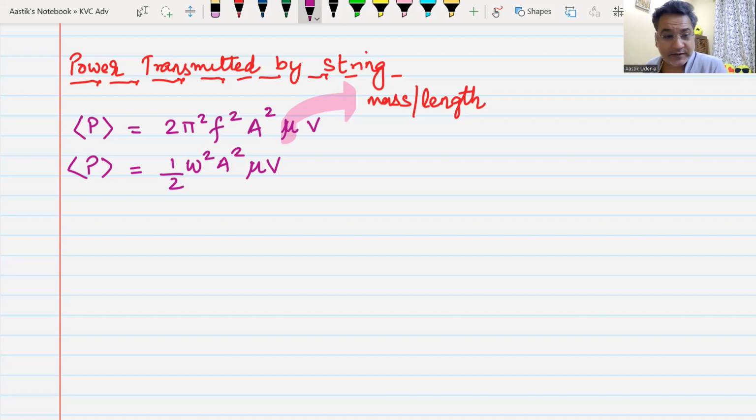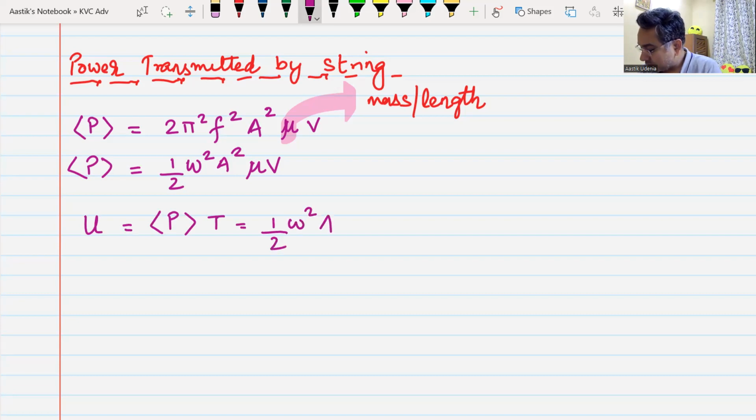Okay. Now, sometimes they might ask you what is the energy transferred in one time period. Let me call this energy. Energy transferred in one time period will be equal to P average multiplied by T. We multiply this by T: half omega square A square mu V T. This is the energy it will transfer in one time period. This is also equal to the energy stored in one wavelength.